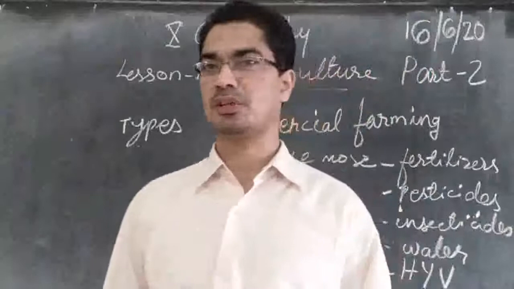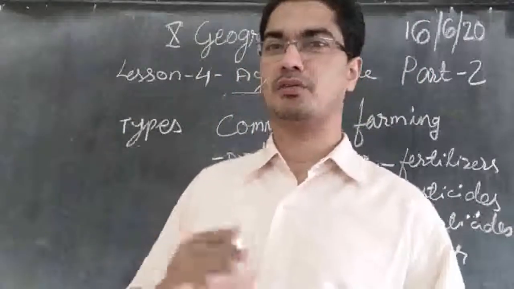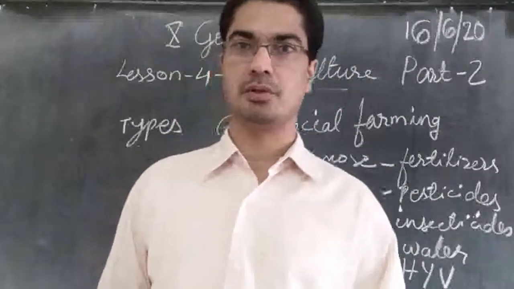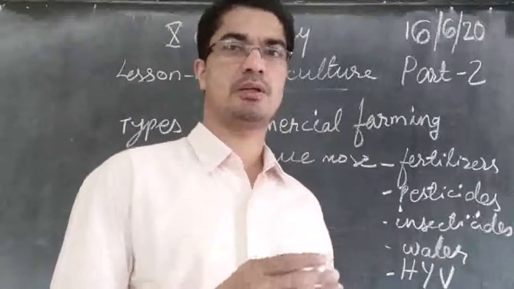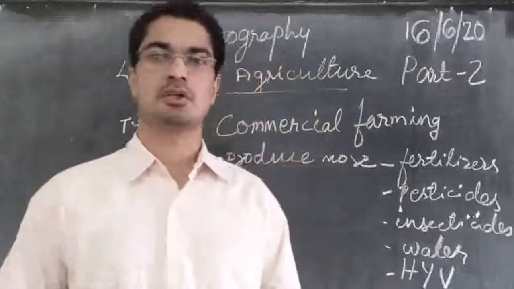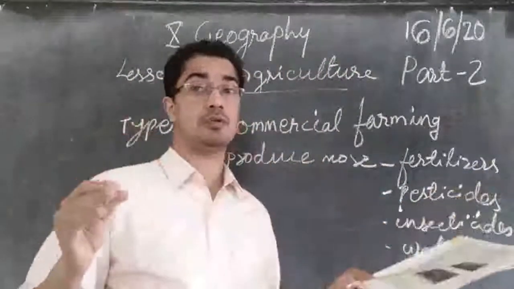We learned yesterday what was subsistence. For one's own use, not for selling purpose, but for consumption by their own family members. So one crop may be subsistence farming in one place, and in another place it may be planted as commercial farming. In commercial farming we use all these things, and therefore the field also will be very big.